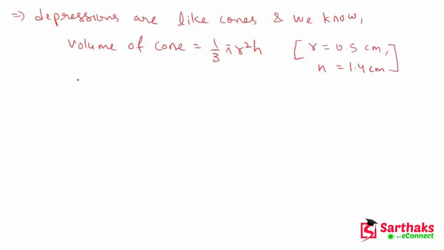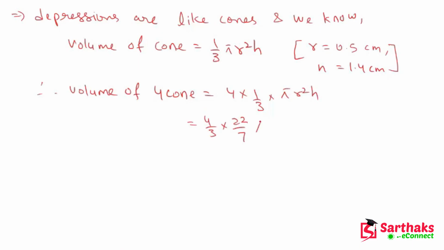Now put the values in this. So we get the volume of 4 cones equal to 4 into 1 upon 3 into pi r square h. So now 4 upon 3 into 22 upon 7 into 0.5 into 0.5 into 1.4. If we solve this, we get 1.46 centimeter cube.